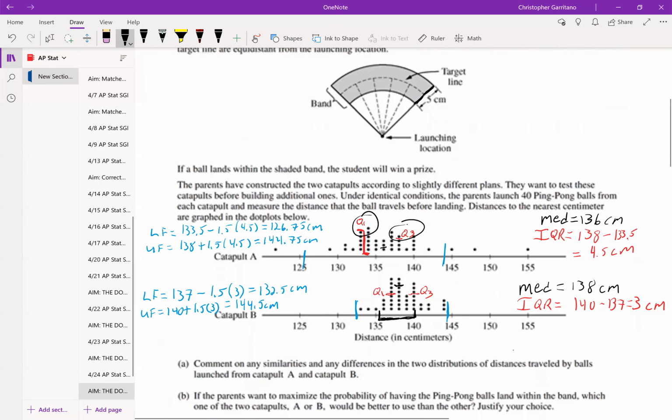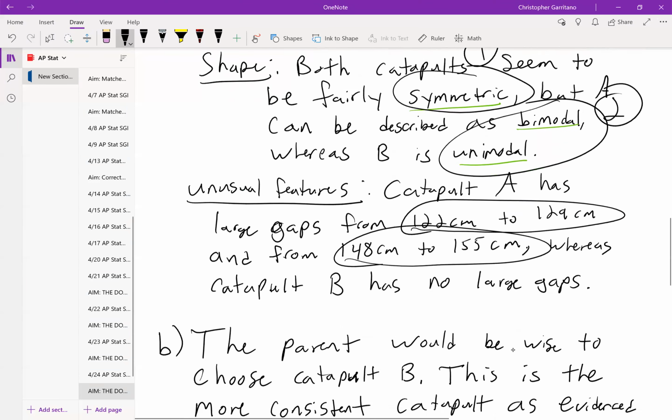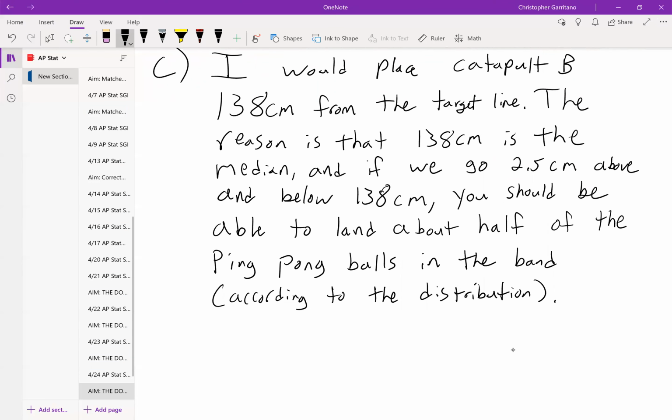And if we take a look at the median and go 2.5 above and 2.5 below, we end up capturing 10 out of the 20 ping pong balls that were thrown in the sample. So that's where I came up with the statement that you should be able to land about half of the ping pong balls in the band according to the distribution.